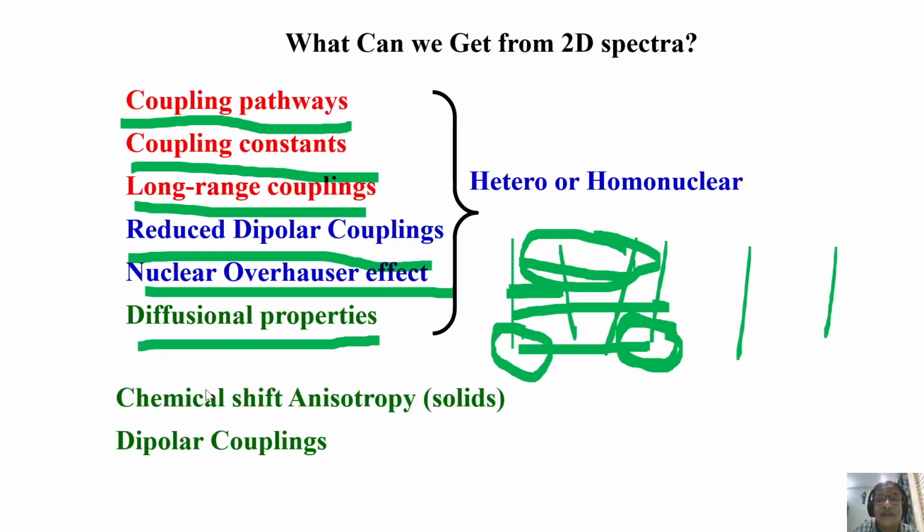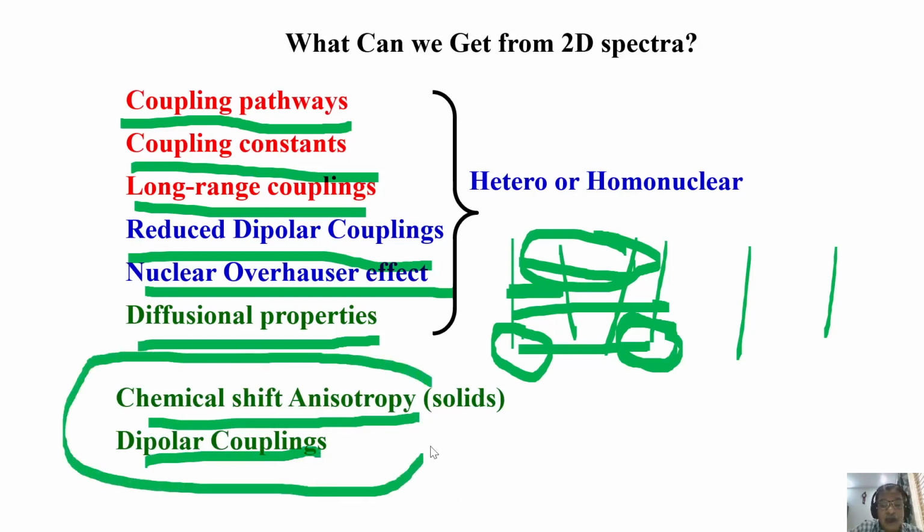If I go to solid state, we can get chemical shift anisotropy and dipolar couplings. Remember, this information is not obtainable from solution state spectra. You know why? I already told you. Because of motional averaging, this information gets completely nullified.